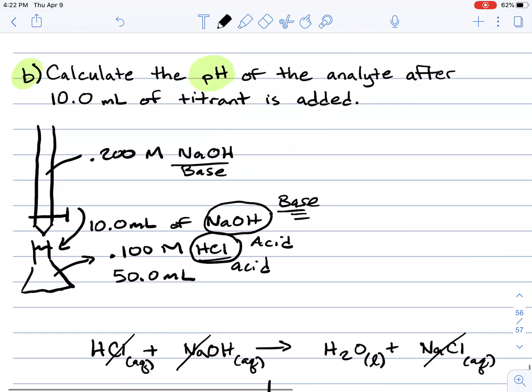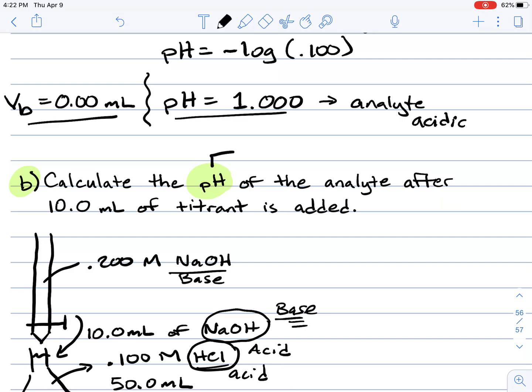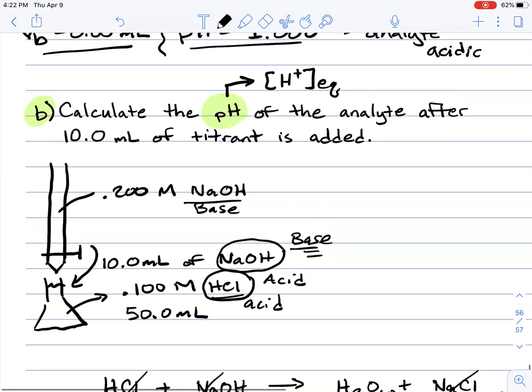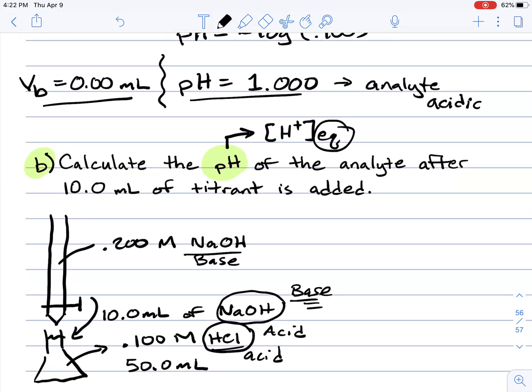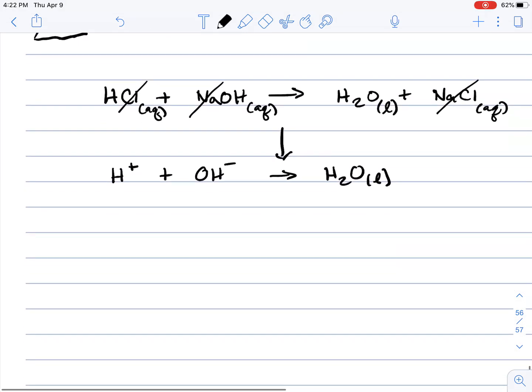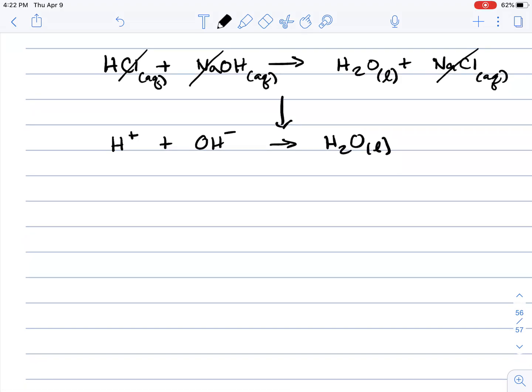Okay. Now, remember, what we're trying to do is calculate the pH. And to do that, we need to determine the equilibrium concentration of hydrogen ion. Well, once again, since we need to calculate the equilibrium concentration, that should invite us to think of the ICE table.